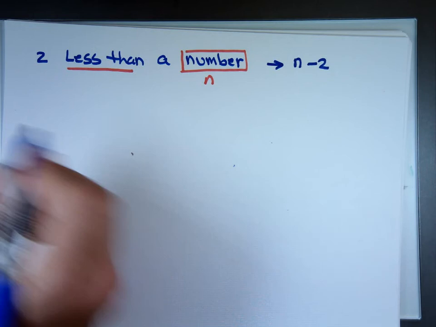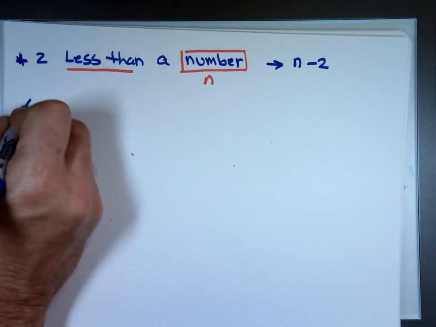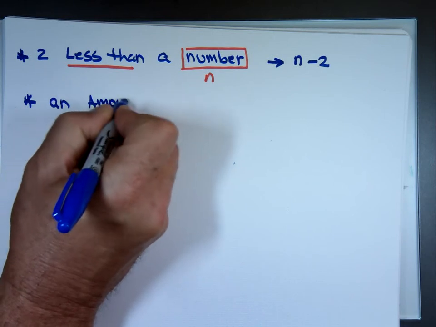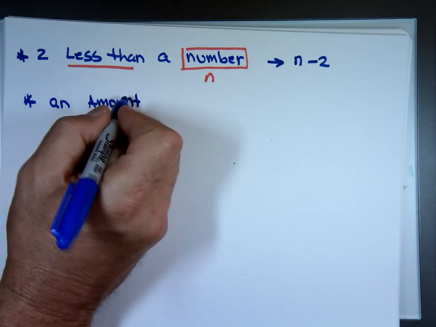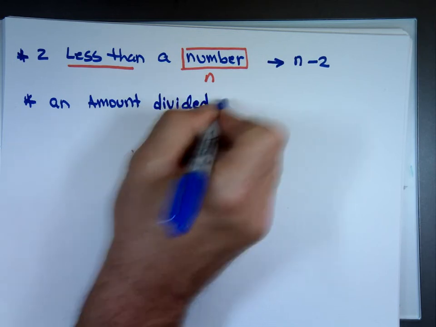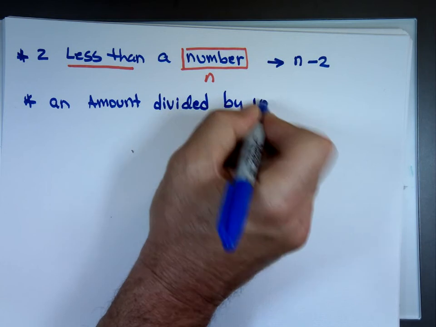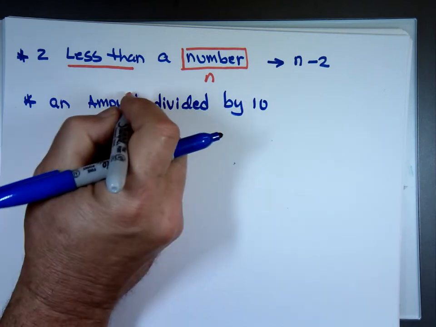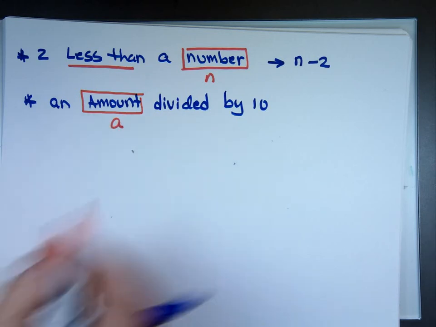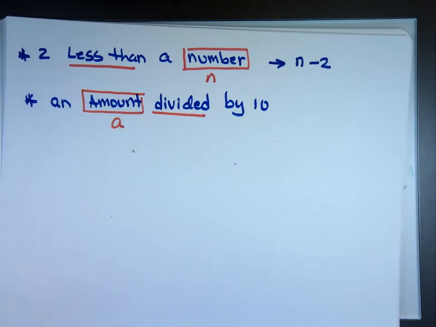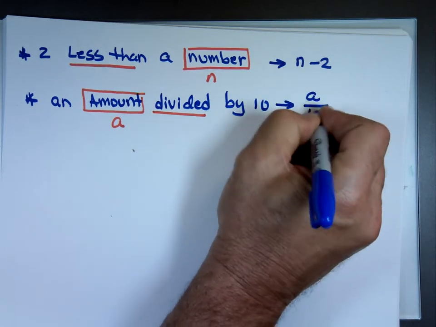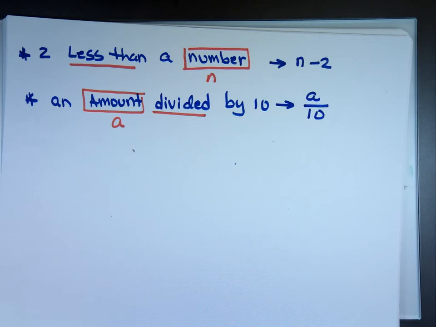Let's try another one. An amount divided by 10. Amount. What letter do you think I'm going to use? A maybe? Divided by, so that'll be A over 10. So if they don't give you the letter, you can make your own.